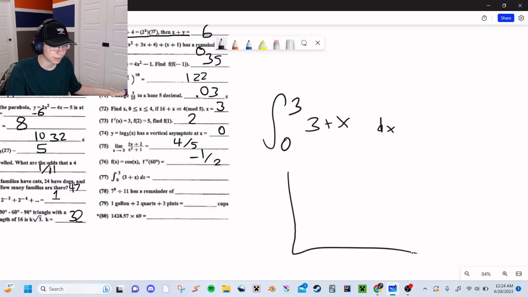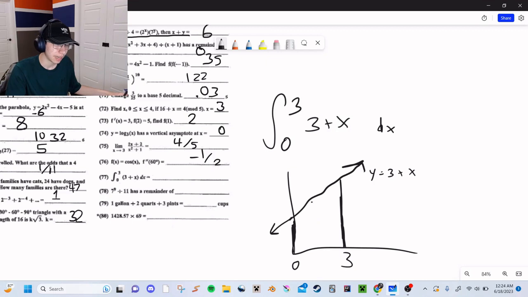So we have this line, y equals 3 plus x, from 0 to 3. And I want to get the area under this curve, right? That's what it means to get the integral from 0 to 3. Get the area from 0 to 3 under the curve of 3 plus x.